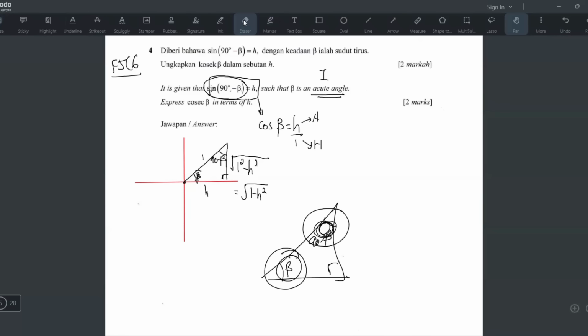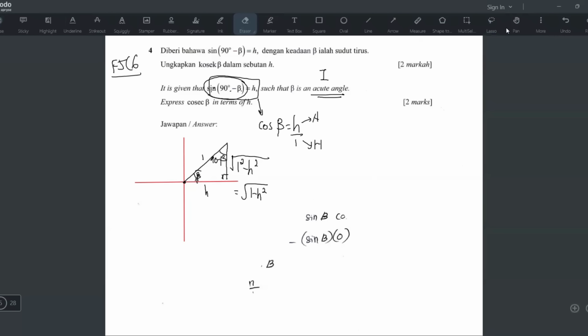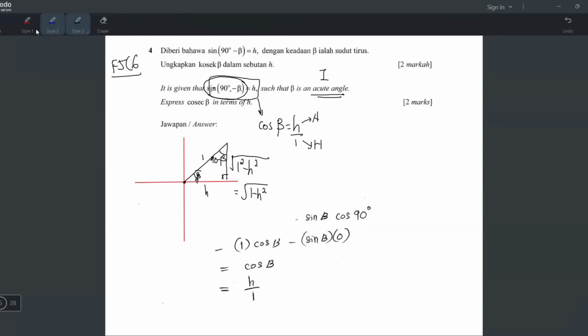Some students maybe will say use addition angle. Can also. Wait, why is there handwriting here? Oh my god. This is not my handwriting. I think this is from the teacher who made the PDF.